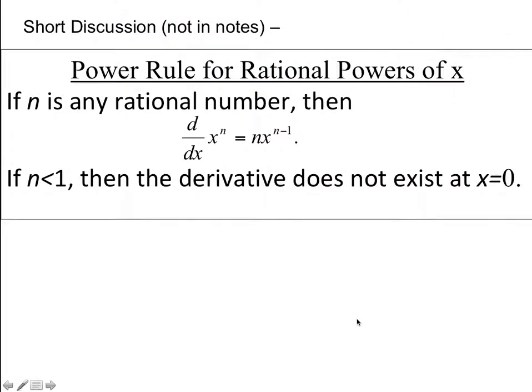Okay, so this is a short discussion here. This is not in your notes. But this is kind of recapping the power rule in non-specific forms. So if we have x to a power, we know the power rule is to bring the power down and then multiply times x to the 1 less power.